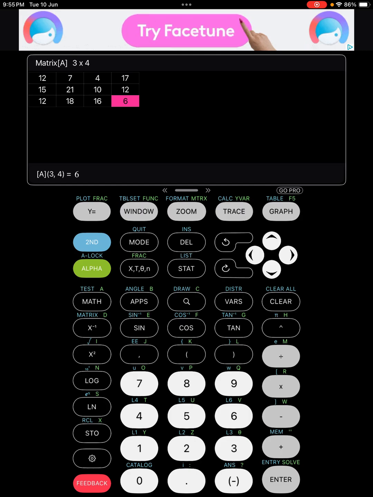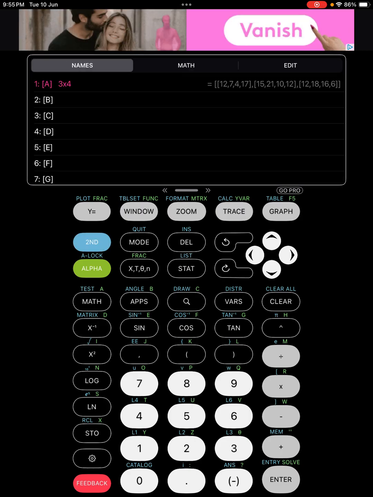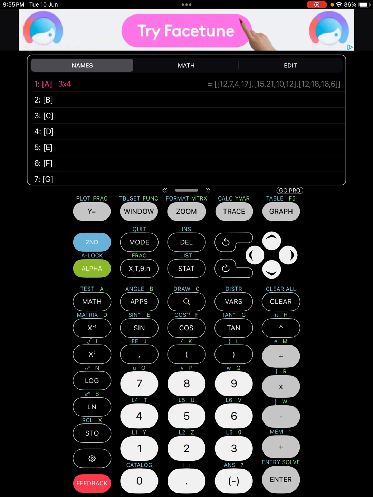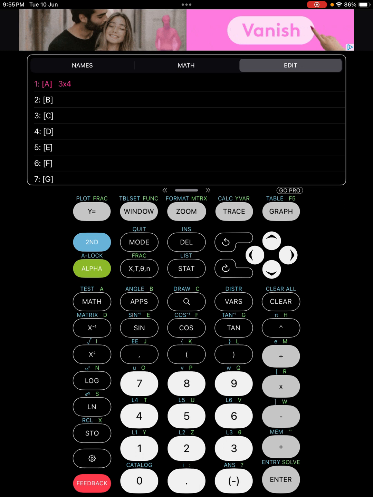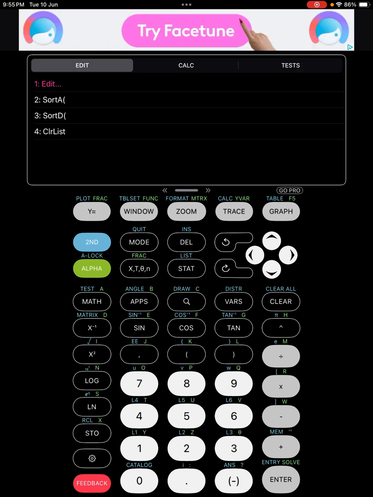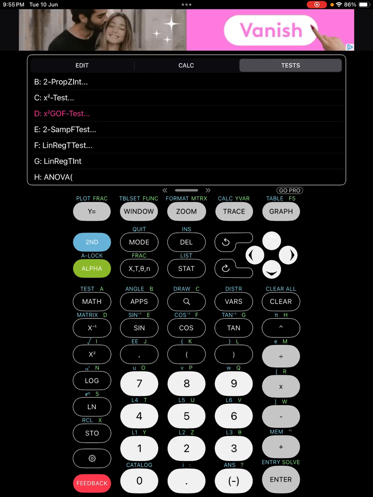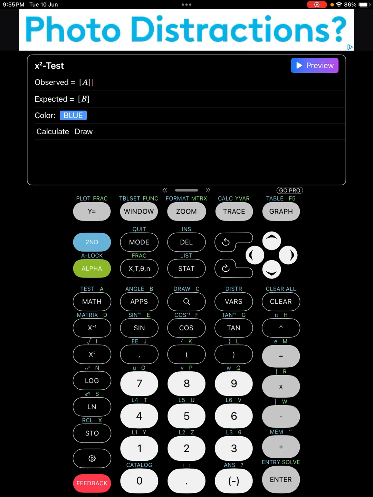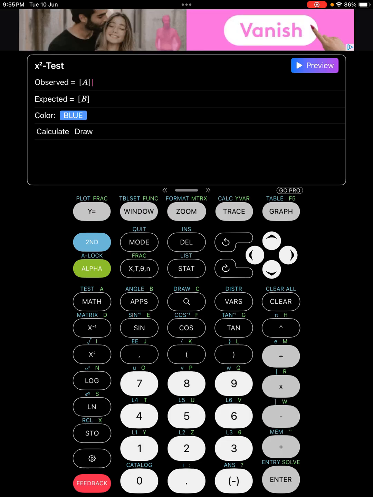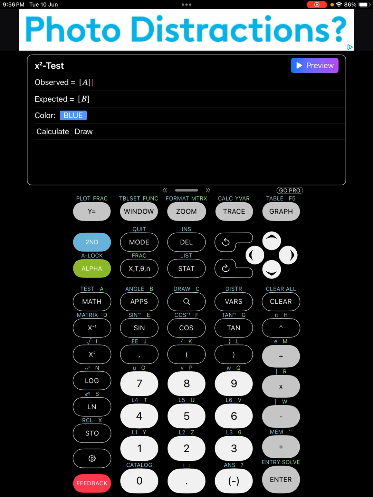Once you're done with the matrix, we're going to go back to second matrix again, just to show you that we have done everything with the 3 by 4 matrix. Now what I should be doing is going to stat, then tests. If you scroll down, you should see the chi-square test. The observed frequency is under matrix A, which is what I have just put onto that 3 by 4 matrix earlier.